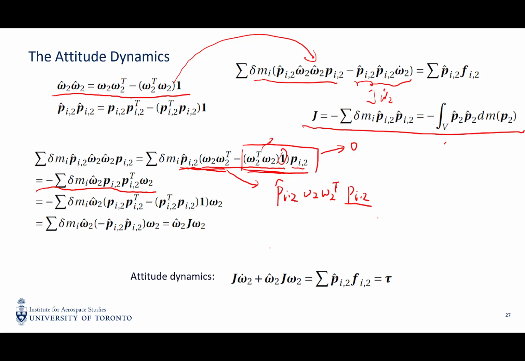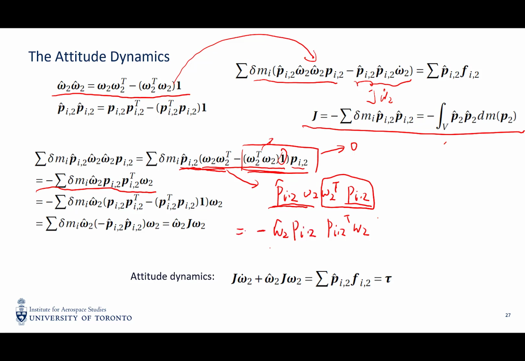Now, this one is the inner product and this one is a cross product. For the inner product, we can just swap. And for the cross product, if we swap, we need to add a negative sign.